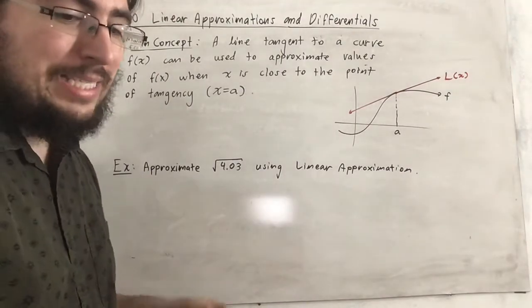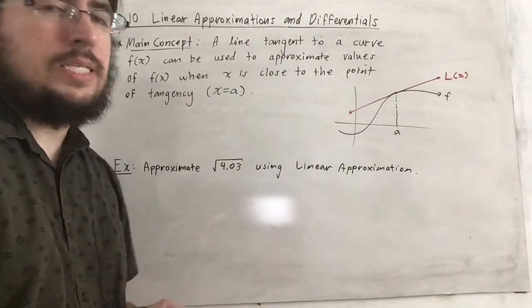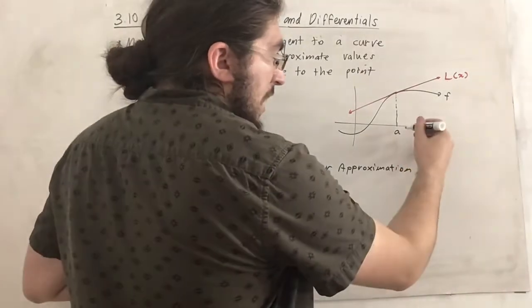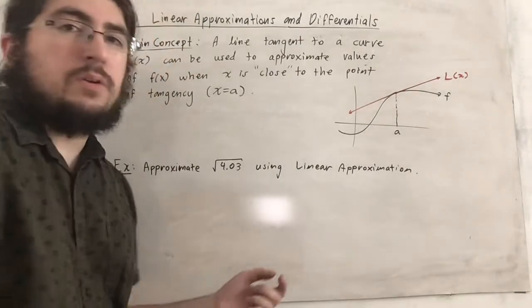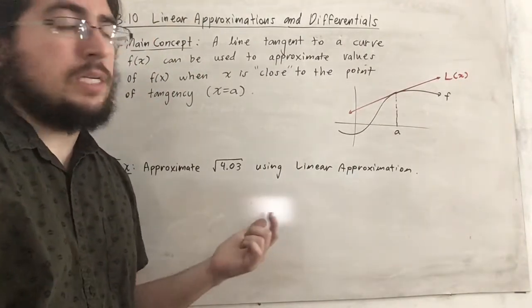Now, what this main concept note is really saying is that if you have an x value that is close, so what close means is kind of up to you. The closer it is, the better approximation, essentially.